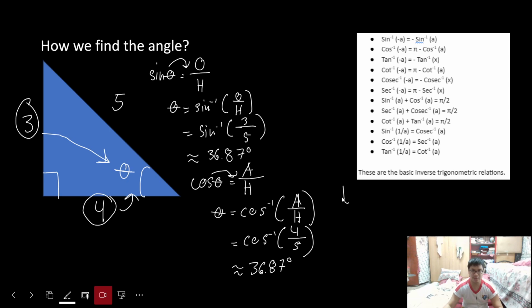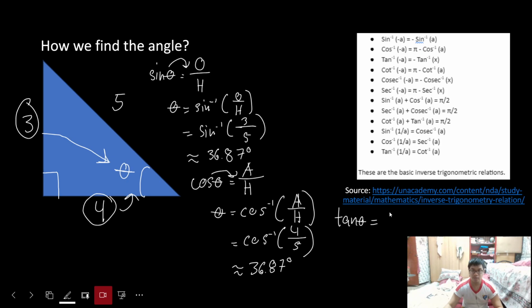Now let's try another trigonometric equation here. Tangent theta. Oh, wait. By the way, guys, I actually forgot something. I forgot to put the source of this picture. Okay? So going back, we have tangent theta is equal to the opposite over adjacent. So once again, we put the tangent to the other side. We will have arc tangent of O over A. Now we substitute.